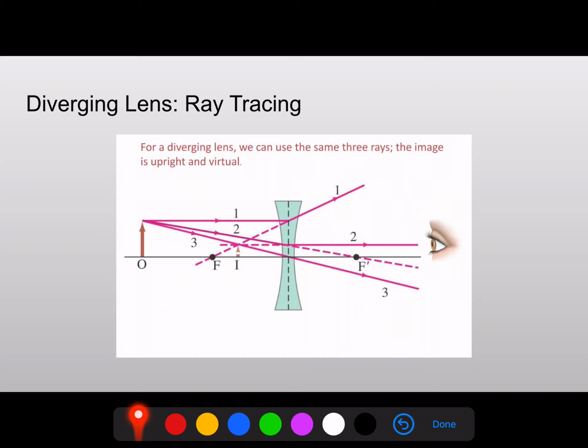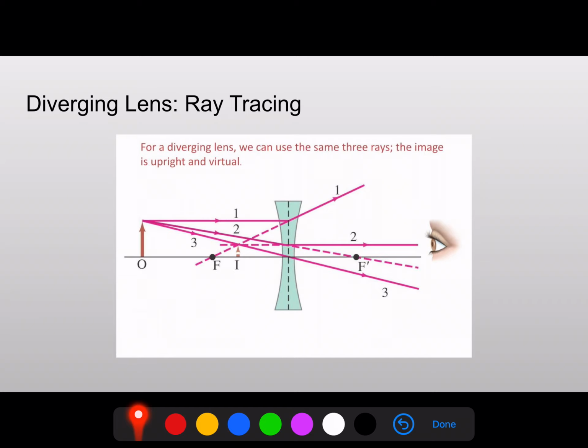However, if I create a dotted line to see where they appear to originate from, if they had just been going straight, then I see that all three rays converge on a point on the same side of the lens as the object. And so that's going to correspond to the tip of the arrow in this example, and this leaves us with an upright image. It's not inverted this time. But it's also not a real image. It is smaller and it is what we would call a virtual image.